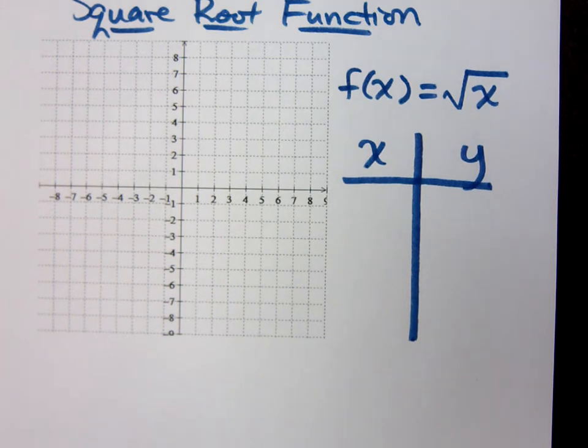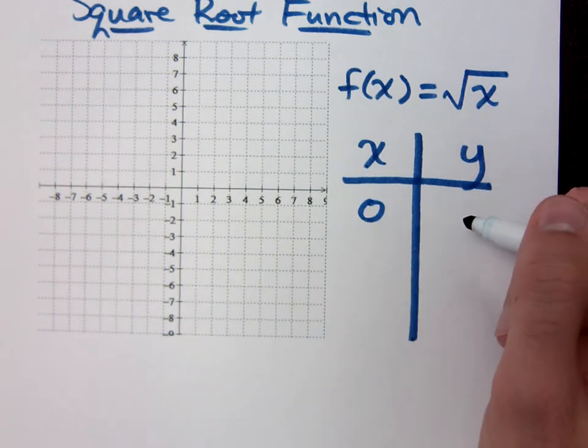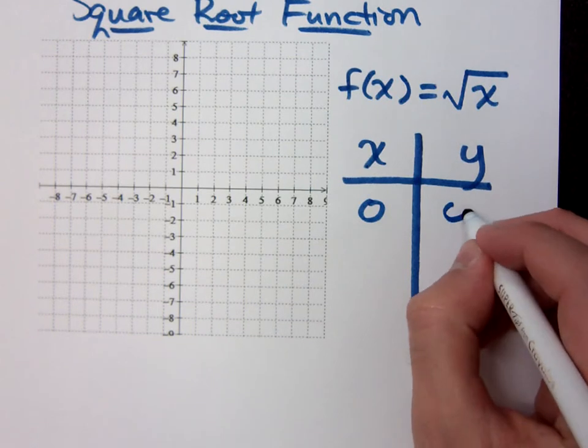One of those would be any number that makes the denominator equal to 0, or anything that would give you a negative radicand for a square root. So the values that I plug into this square root guy must be what? Non-negative, because 0 is neither negative nor positive, but I can plug that in. The square root of 0 is 0.